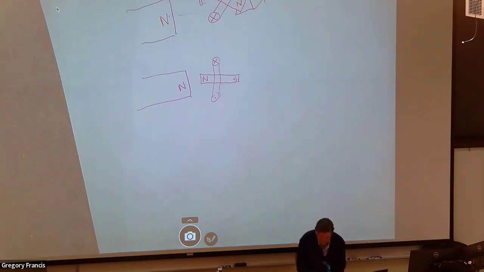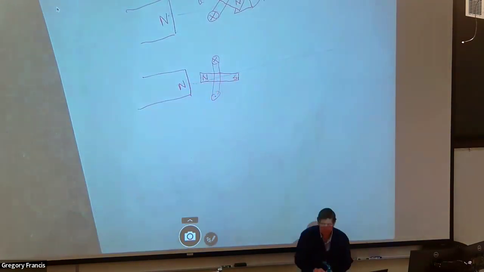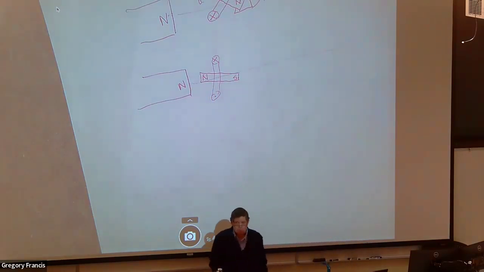So again, look at the symmetry line. We call this an unstable equilibrium. If it was perfectly lined up, it would be stable until you breathed on it.